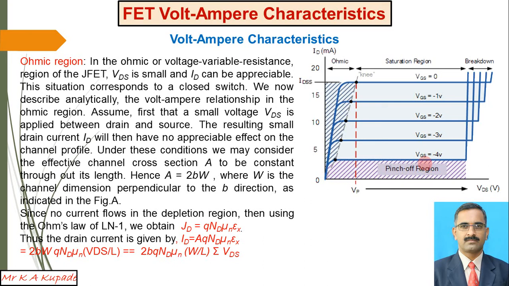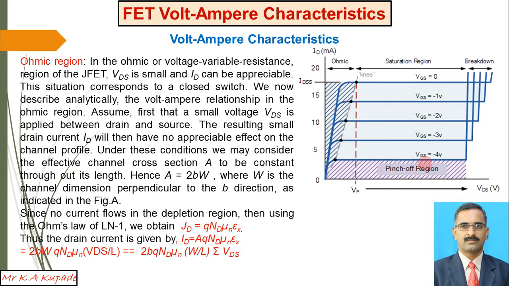Now if we want to describe this analytically, the voltage-ampere relationship in the ohmic region, assume first that a small voltage VDS is applied between the drain and source. The resulting small drain current ID will then have no appreciable effect on the channel profile. Under this condition, we may consider the effective channel cross section A to be constant throughout its length.